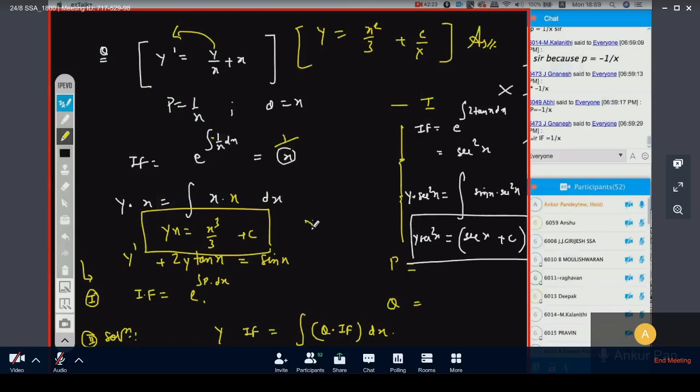So the answer will be y into 1 by x equals integration of Q into integrating factor, again 1 by x. So y by x is equals to x. So y is proportional to x square type.